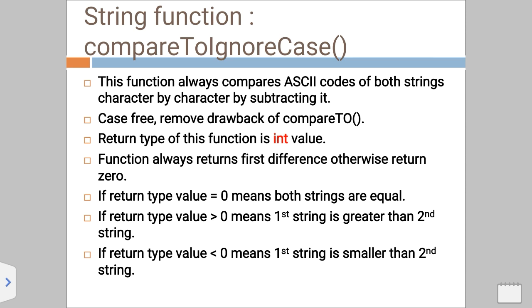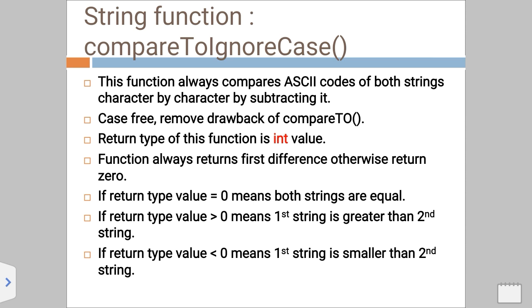The same thing that compareTo does. What you have to remember? This function ignores cases. That's it. Everything is similar to the compareTo function. The only difference is it is case free. Otherwise everything is the same.